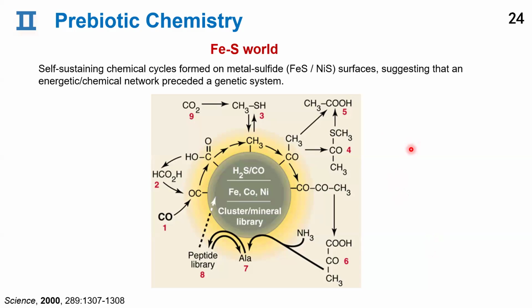It suggests that life began on the surface of metal sulfide minerals, where self-sustaining chemical cycles could form. This mineral surface provides both energy and catalytic sites, allowing simple inorganic molecules like carbon dioxide to be transformed into small organic compounds, for example, amino acids and peptides.